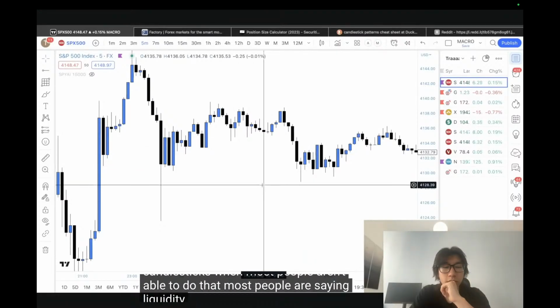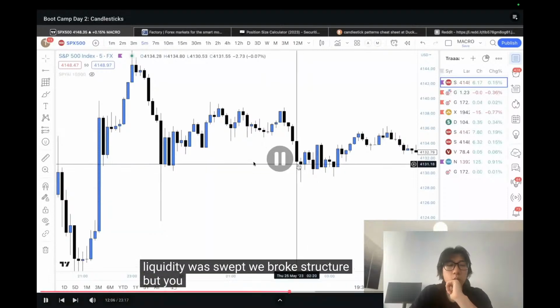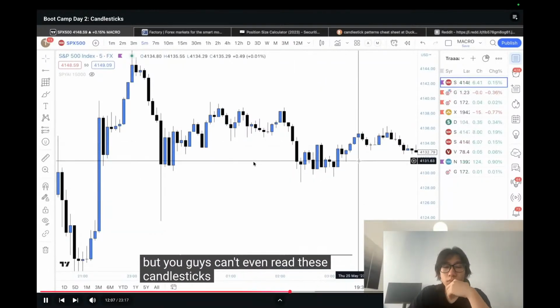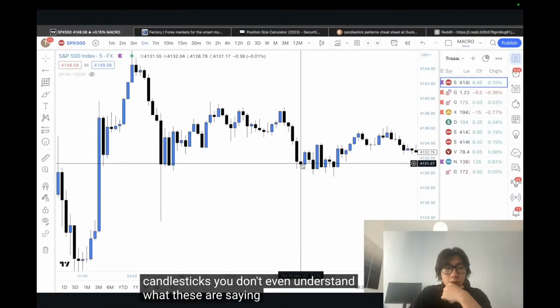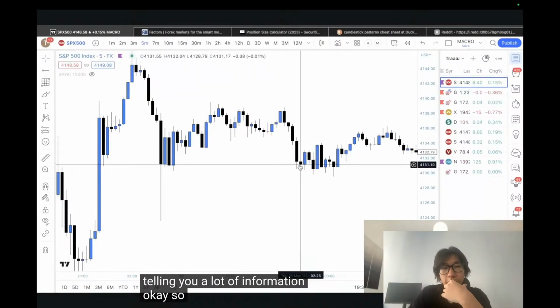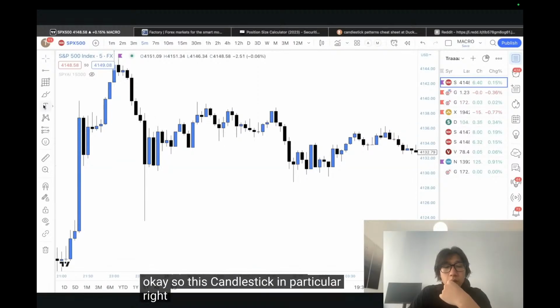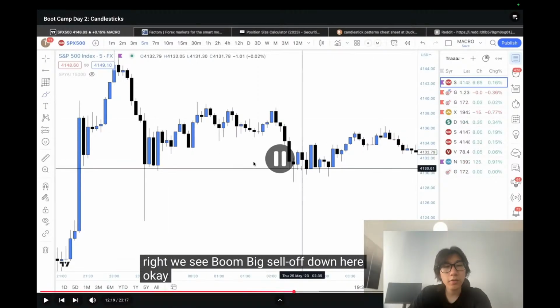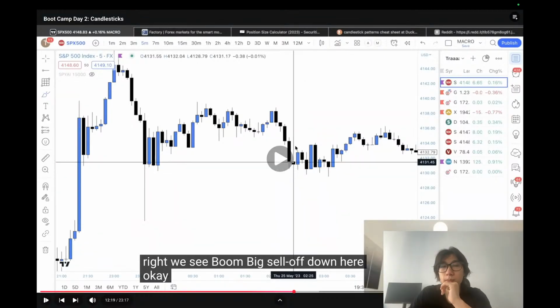Most people say liquidity was swept, we broke structure, but they can't even read these candlesticks. You don't understand what they are saying to you, and they tell you a lot of information. So this candlestick in particular, we see a big sell off down here, and a big sell off up and down.